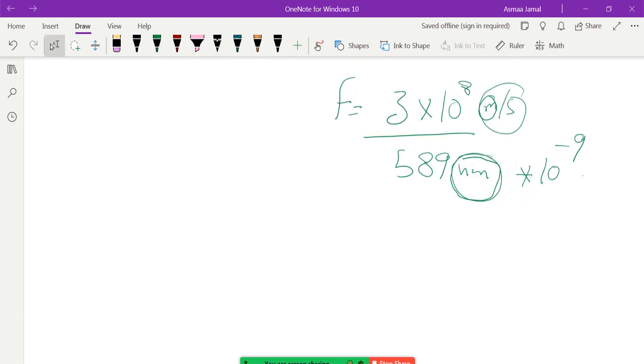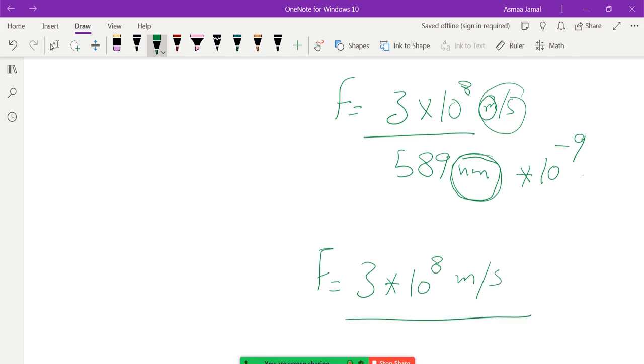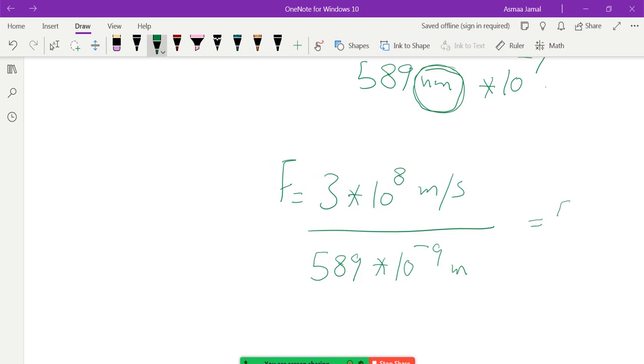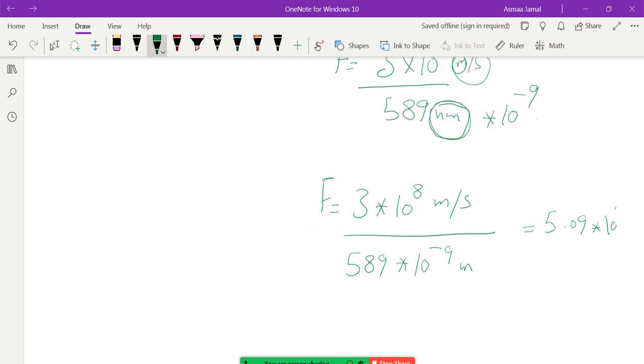So again, substituting into the equation, frequency equals, the result will be 5.09 times 10 to the power of 14 hertz.